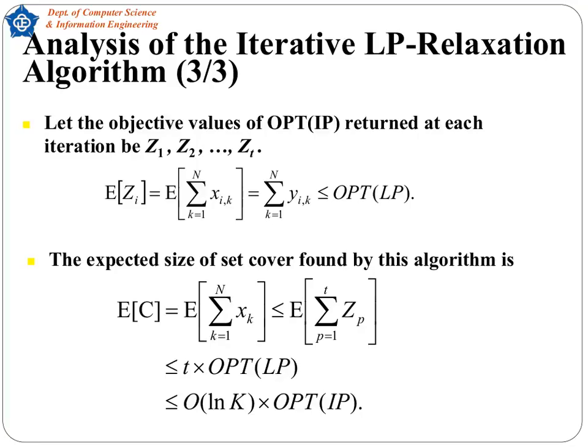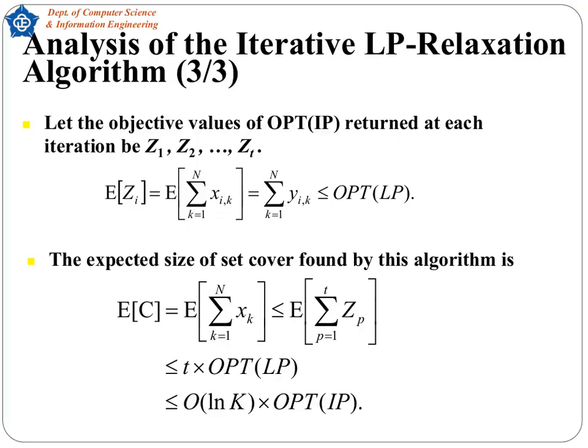In formula form, E[Z] equals the sum of y, which is less than or equal to opt_LP. Next, to bound the expected size of our final cover C, we simply add up these expectations over all t rounds. E[|C|] is less than or equal to the sum from i = 1 to t of E[Z_i], which is less than or equal to t times opt_LP.